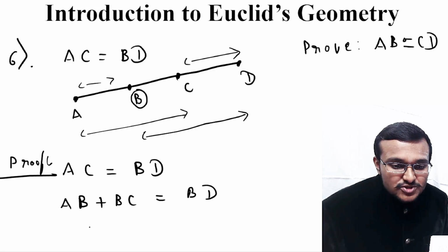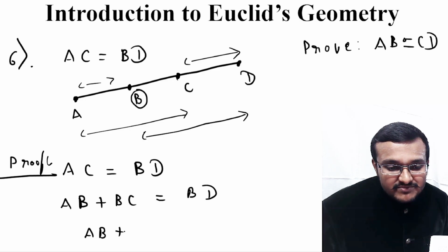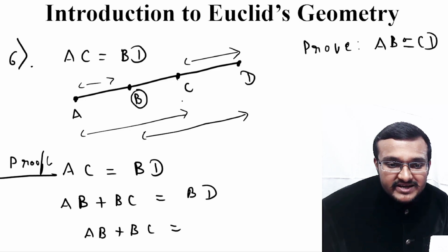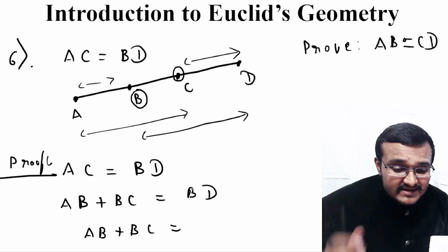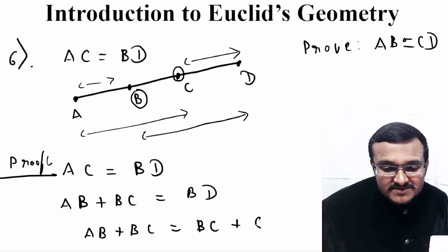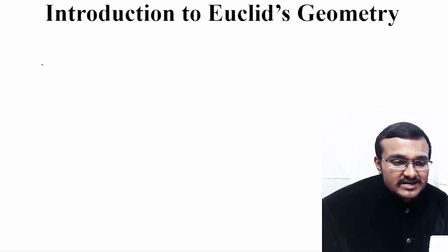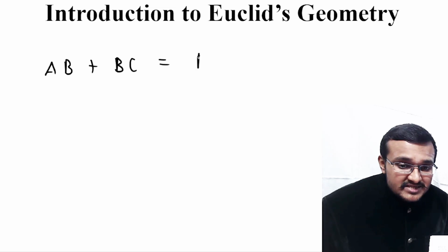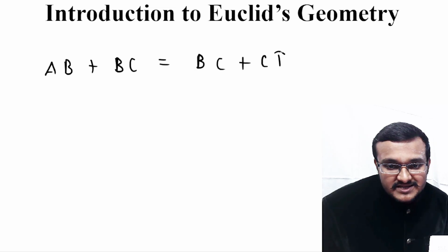Now BD you can write as BC plus CD, because C is exactly in the center of B and D. So we are getting AB plus BC is equal to BC plus CD.